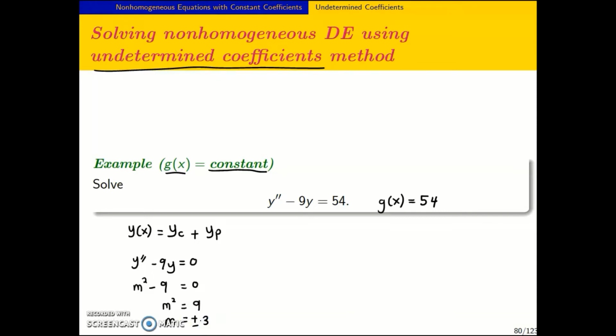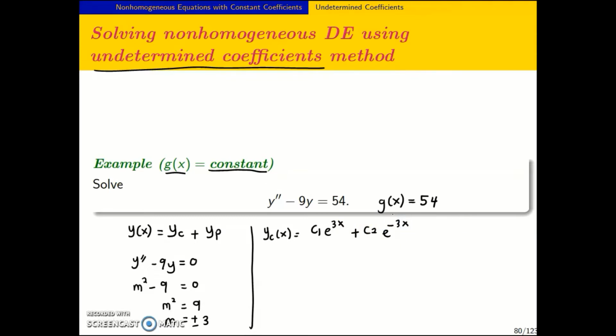For different roots, my complementary solution is yc equals c1 e^(3x) plus c2 e^(-3x).